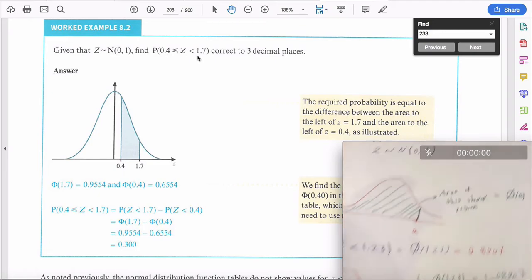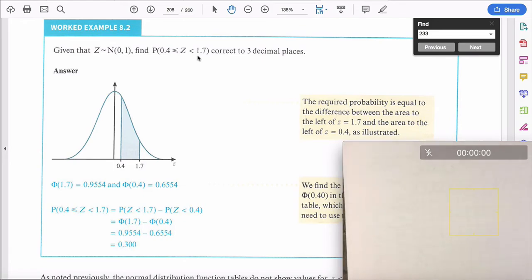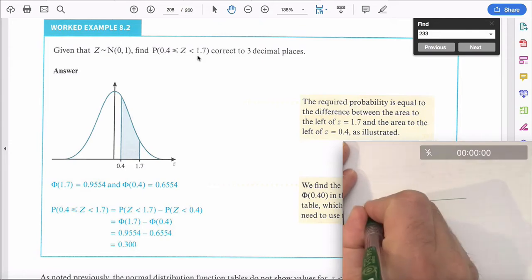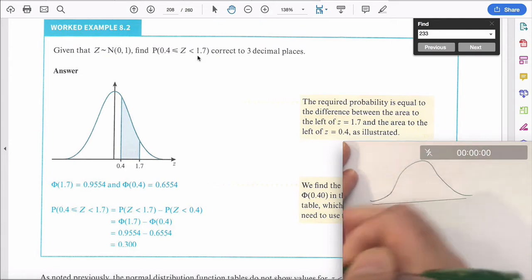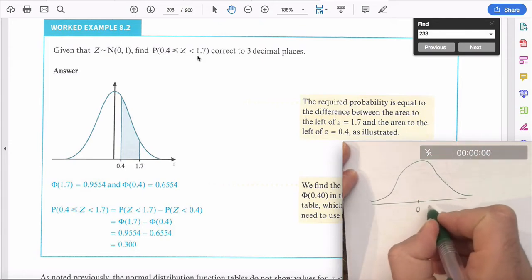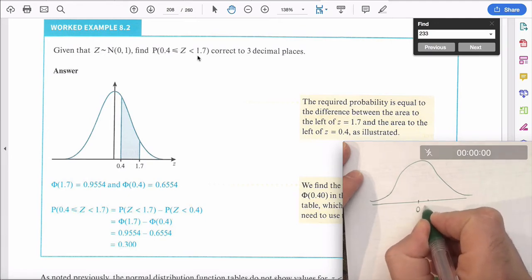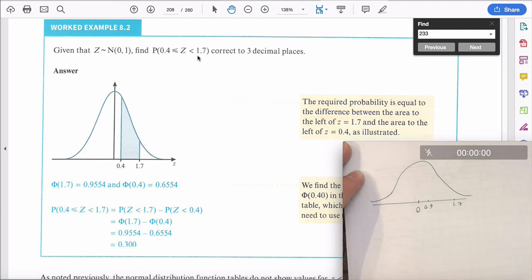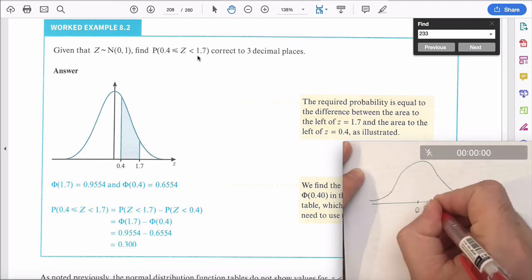Now let me open another page. Again, it is 0. It says between 0.4, for example, 0.4 is somewhere here. 1.7 is here. It says between these two values.